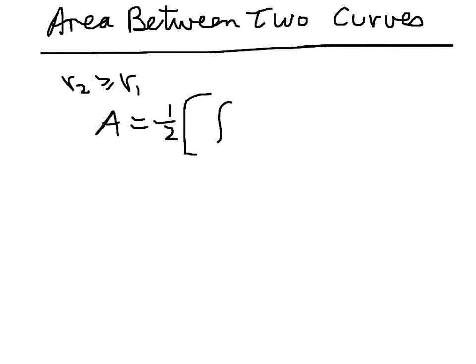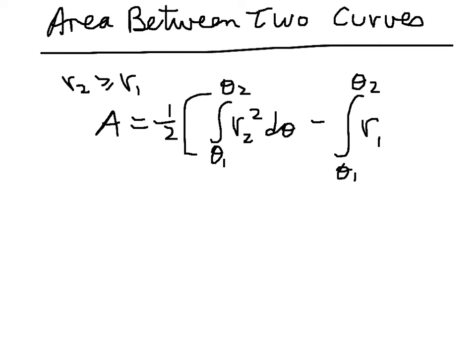So going from, let's say, theta 1 to theta 2 of 1/2 r sub 2 squared d theta minus the integral from theta 1 to theta 2 of 1/2 r sub 1 squared d theta. So that's very similar to some of the work that we did with rectangular curves. So if we look at an example, this maybe will help you understand it a little bit more if you need that.